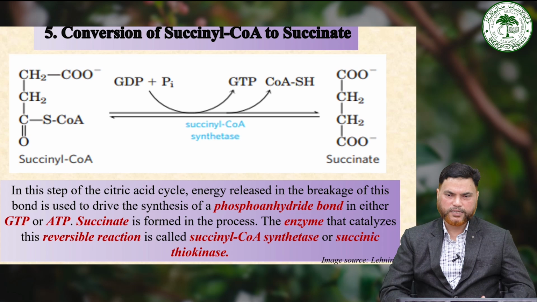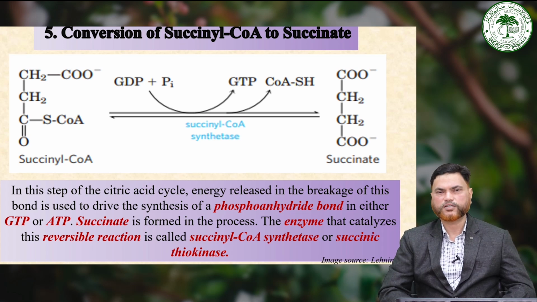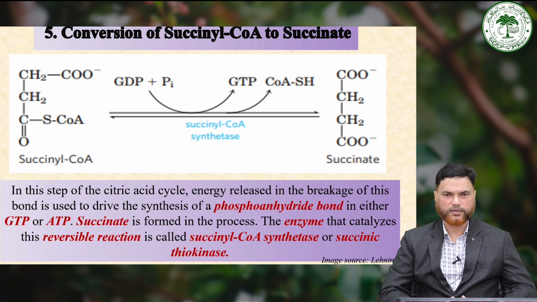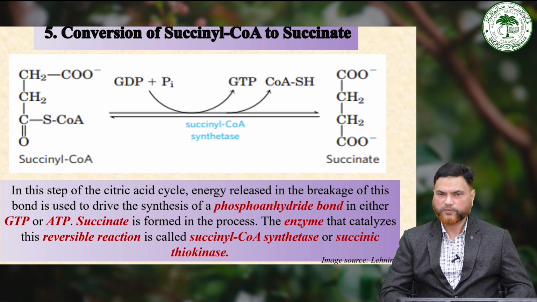Now, in the next step, succinyl coenzyme A is converted into succinate. Basically, as I just mentioned, succinyl coenzyme A serves as a high energy intermediate with a negative free energy of hydrolysis. This energy is utilized for substrate level phosphorylation, driving the phosphorylation of ADP to ATP in plants and bacteria.